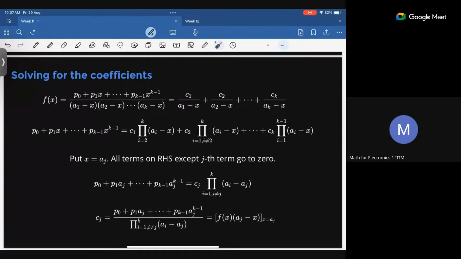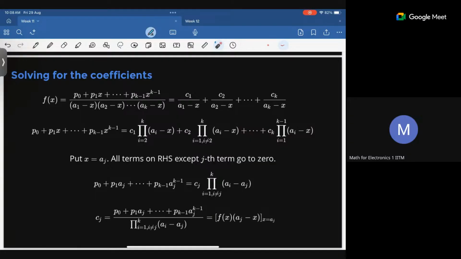What happens to the last term? In the last term also, ak minus x is in the denominator and this ak minus x will get cancelled out. Therefore, the only things that are left are a1 to a(k minus 1) in the product. Now, if you carefully observe this, and if I substitute x equals a1, you see a1 minus x will be there in every term except the first term.